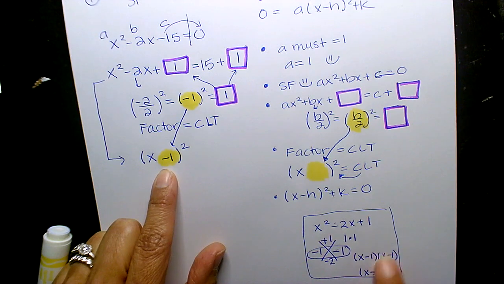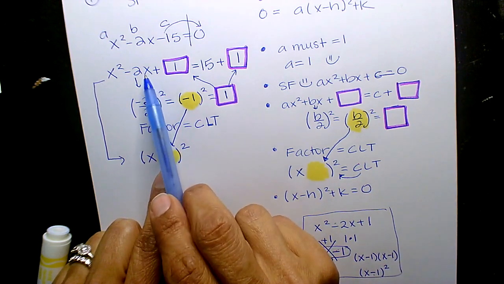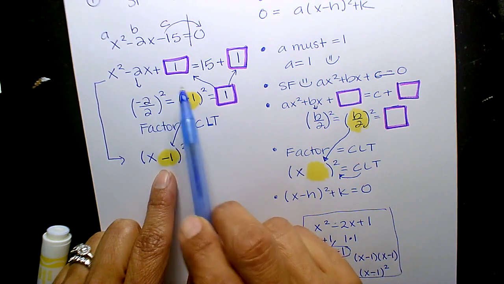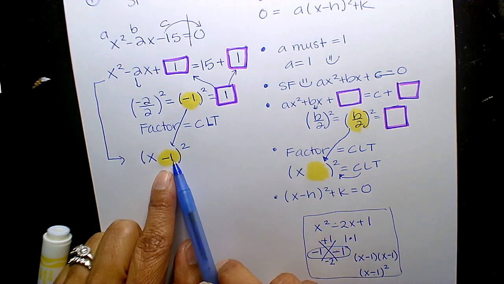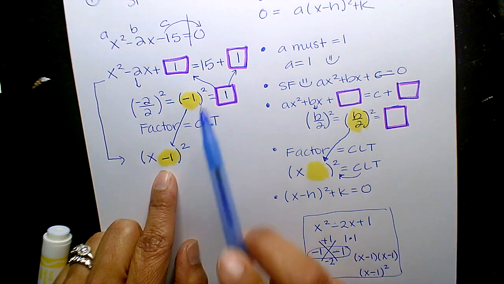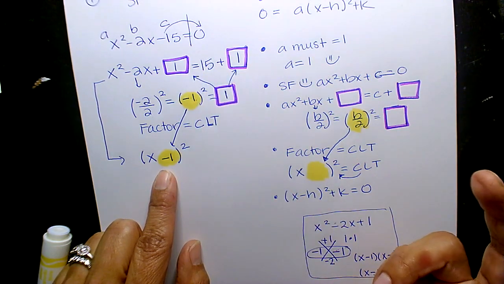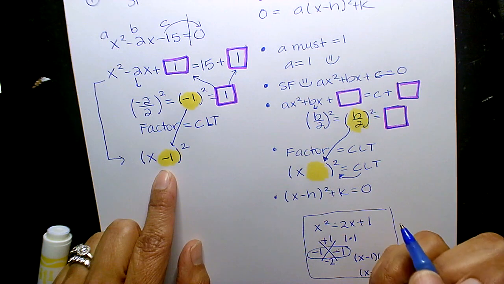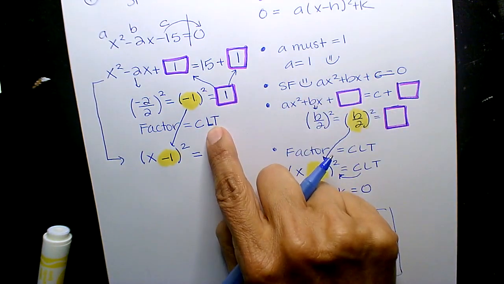So you don't have to do this work. You can if you like, but if you buy in and you realize that taking that b value, dividing it by 2 and squaring it, when you divide by 2, that number is your quantity squared. That's your perfect square. And then here, this number squared, 1, that's what you add to the 2 boxes. And it's going to be like that every time? All the time.